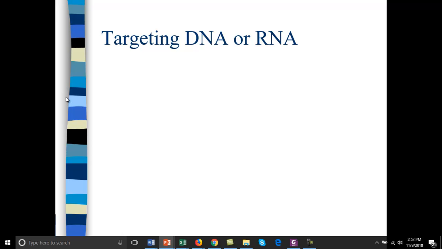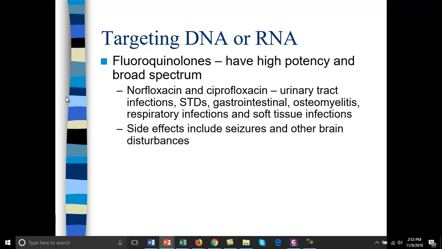In terms of targeting DNA or RNA, fluoroquinolones are broad-spectrum antibiotics. Norfloxacin and ciprofloxacin, also called Cipro, are good for UTIs, sexually transmitted diseases, gastrointestinal diseases, osteomyelitis, respiratory infections, and soft tissue infections.